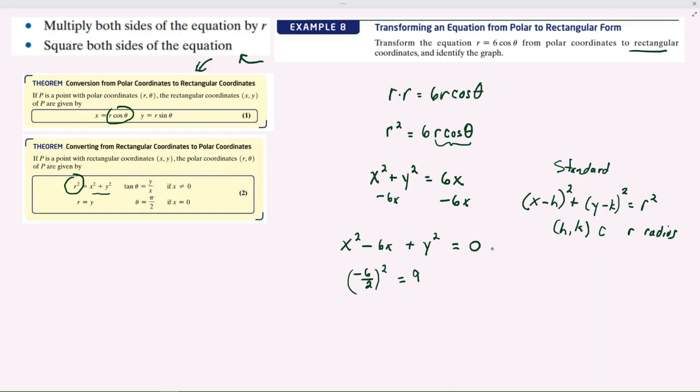So if I add 9 to both sides, I have x squared minus 6x plus 9 plus y squared equals 9. I have to add the 9 to both sides. I'm creating a perfect square for this, and then I have to balance it on the other side by adding that same 9.